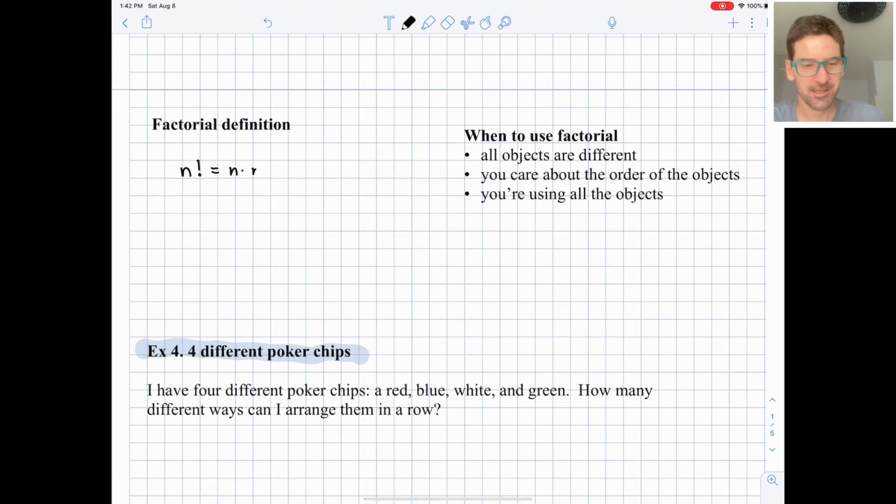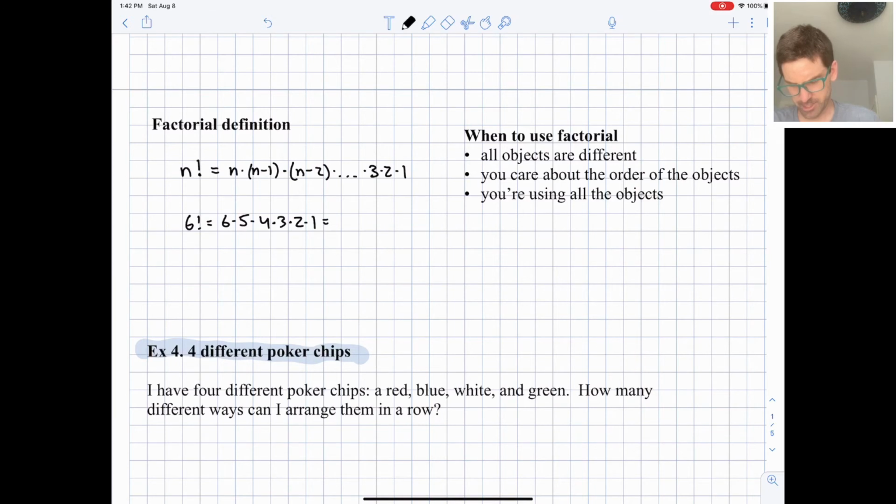N factorial is N times 1 less than N times 2 less than N, all the way down to 3 times 2 times 1. Okay, so for example, 6 factorial is 6 times 5 times 4 times 3 times 2 times 1, and I think that's 720. Let me check.